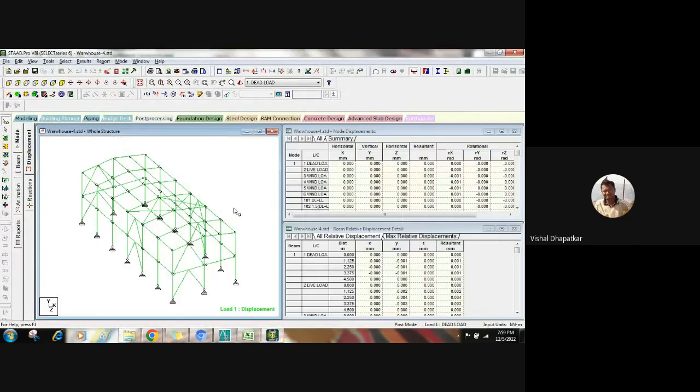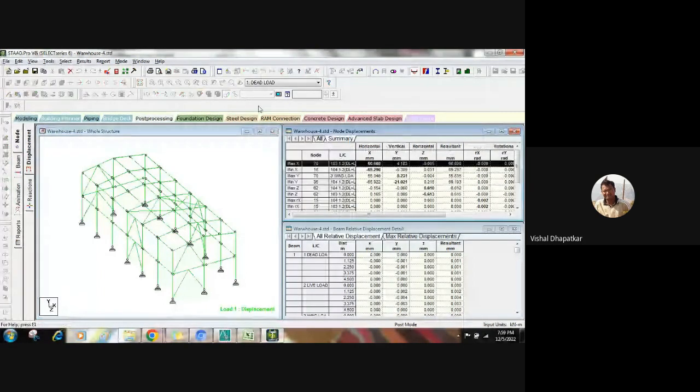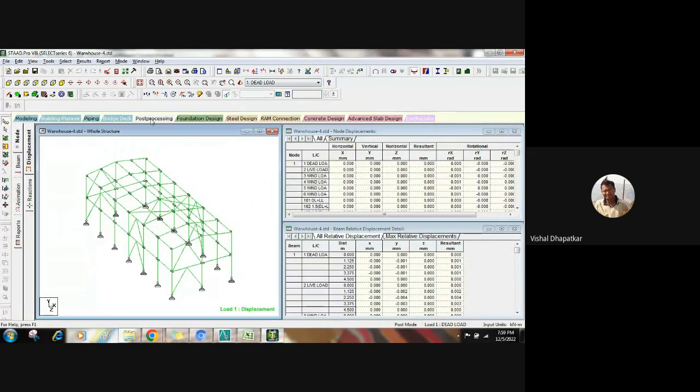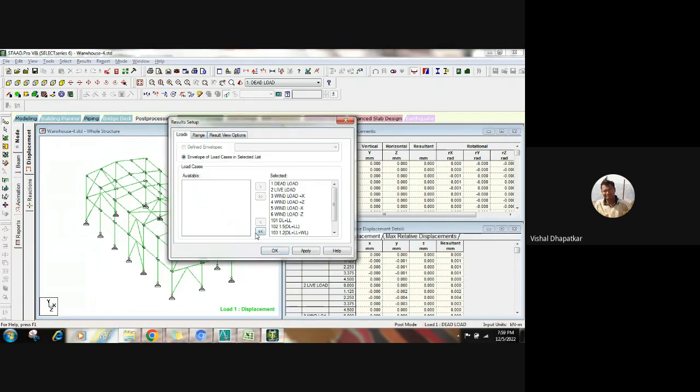So once you analyze this, here we have to select the load cases in post processing, on this tab. Yeah, this one. So first select the combinations for which you want to have the reactions.